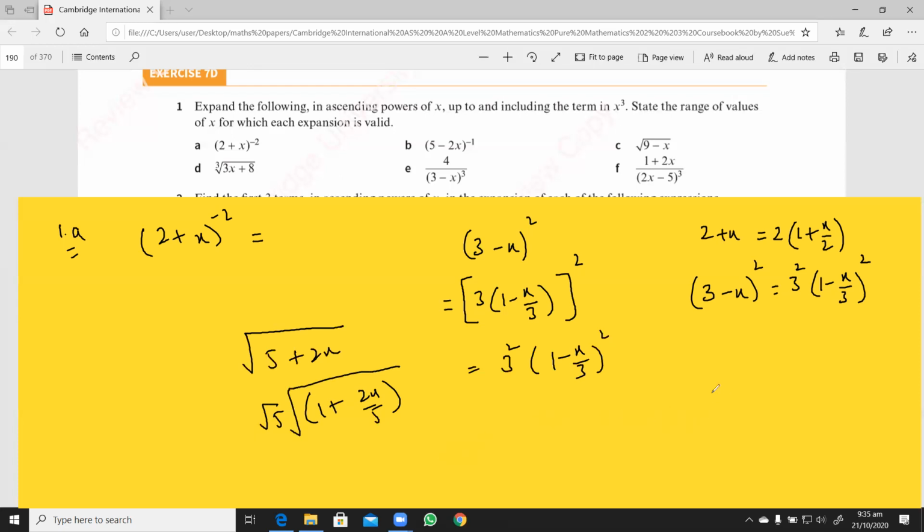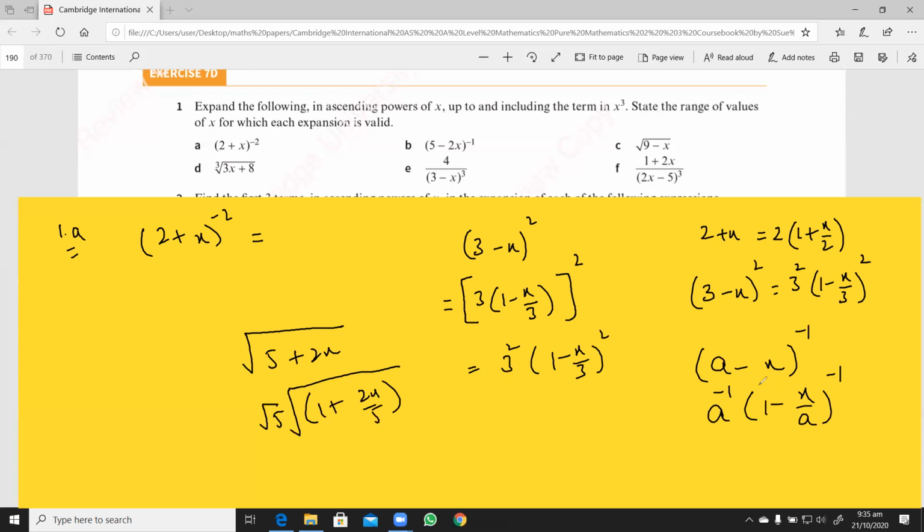Okay, suppose you have a minus x raised to power minus 1. So what should be coming out of these brackets as a common? You want to take a outside these brackets. So this will be a raised to power minus 1 into 1 minus x over a raised to power minus 1. So please remember this.